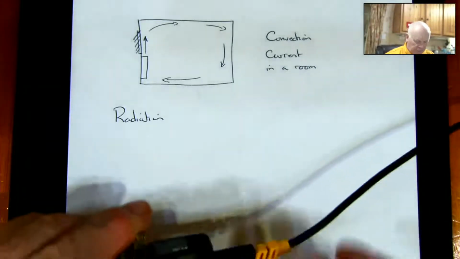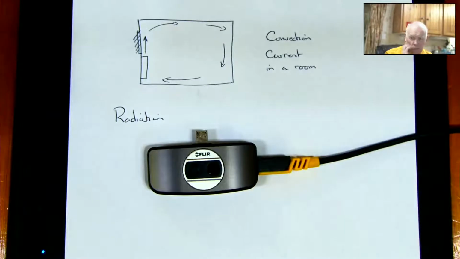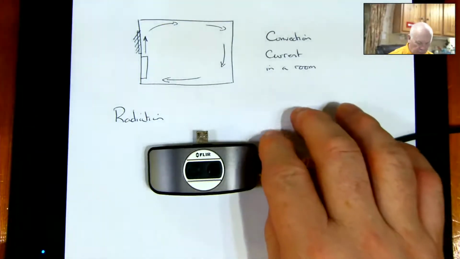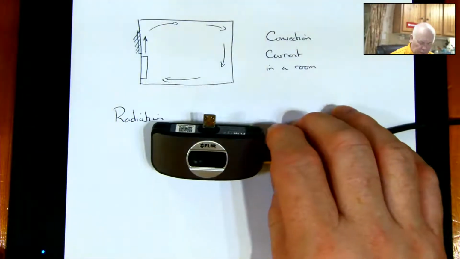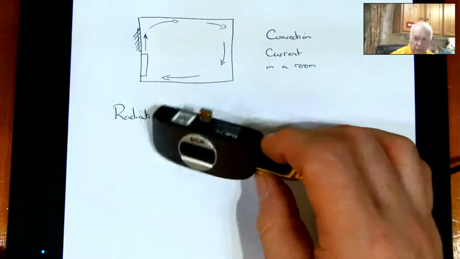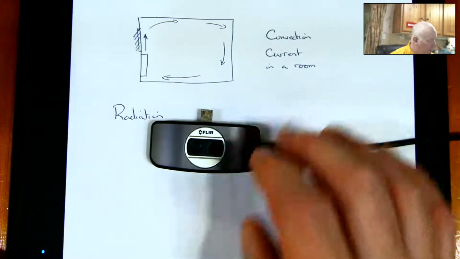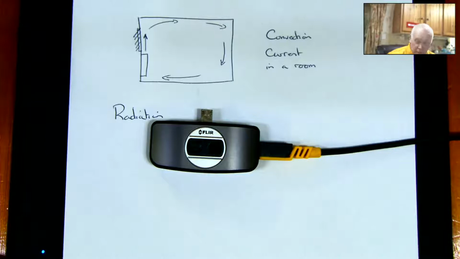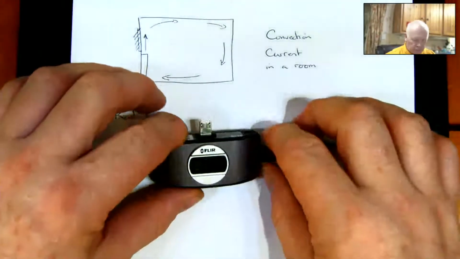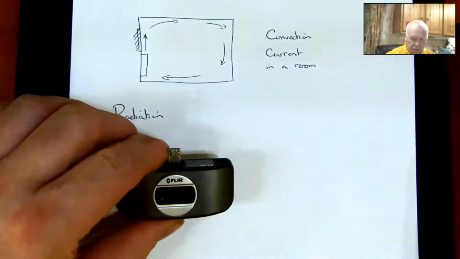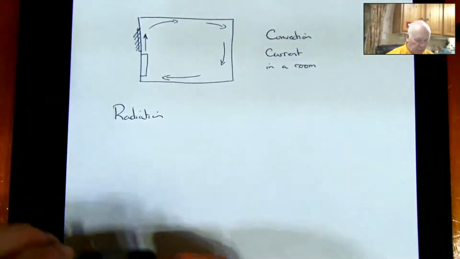The first of these is I've got a small camera. This is an FLIR camera, and I'm going to try and use this. This attaches to my mobile phone, and with a bit of luck, I might be able to get this to work. So we'll try this and see if this one works.